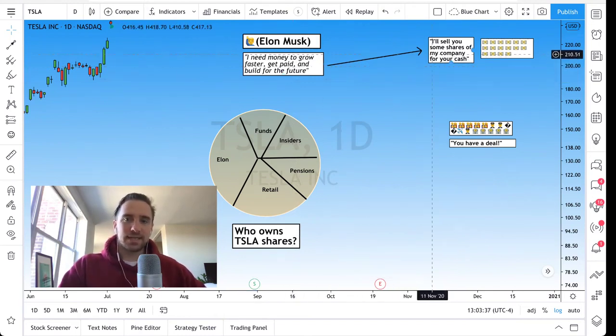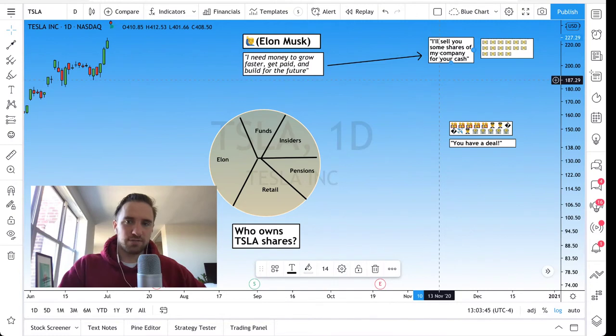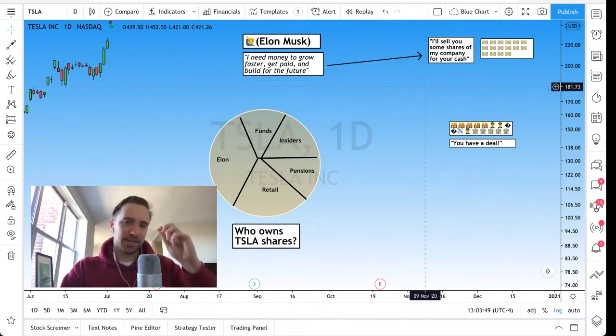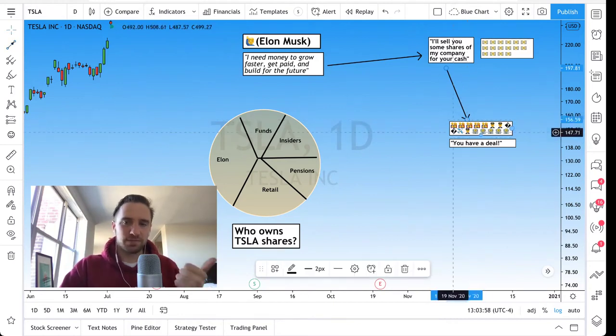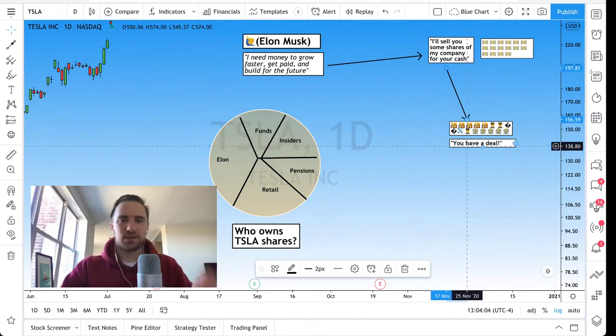He then goes to the public, here's the public down here, "I'll sell you some shares of my company for your cash." He's willing to give the public a piece of his company for cash so he can build for the future. And then, we can draw this arrow down here. Here's the public. It could be pension funds, investment funds, hedge funds, regular people like you and me. And we might say, "You have a deal, Elon Musk."